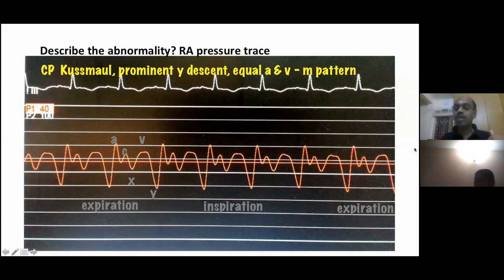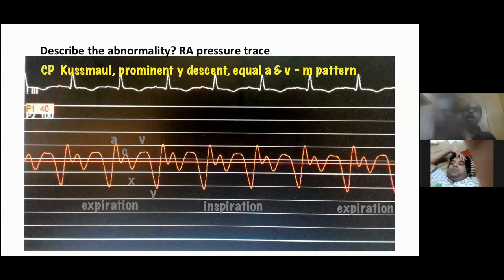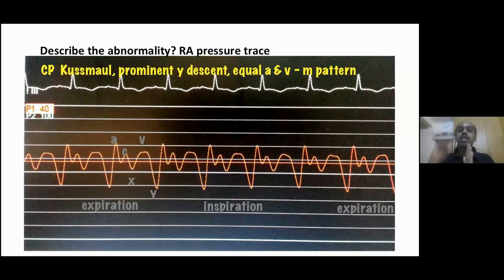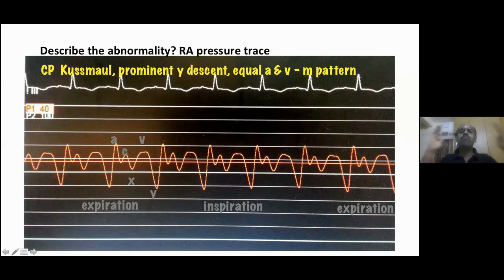Now if you carefully look at the A and V wave, I mentioned RA will have a higher A wave and a lower V wave because V waves are dependent on the compliance of the atrium. Right atrium being a better compliant atrium, it has got a large free wall and a large right atrial appendage, so it accommodates, so V wave is low. However, in constrictive pericarditis, a rigid cavity, RA's compliance becomes low because the pericardial compliance is not allowing the RA to become more compliant.